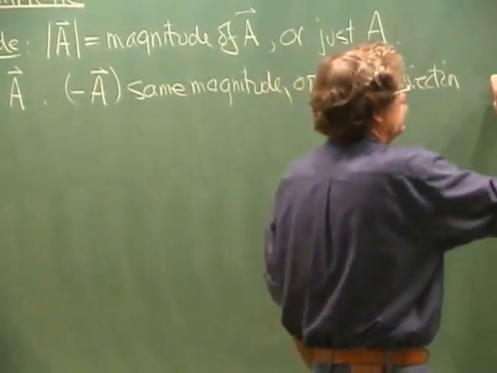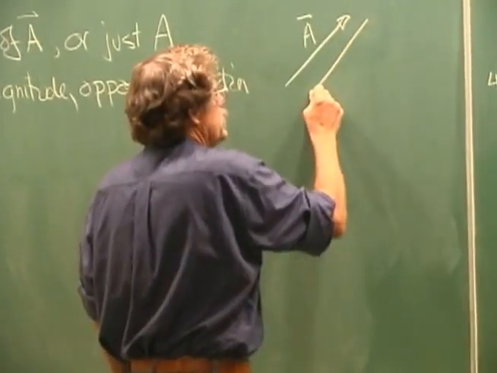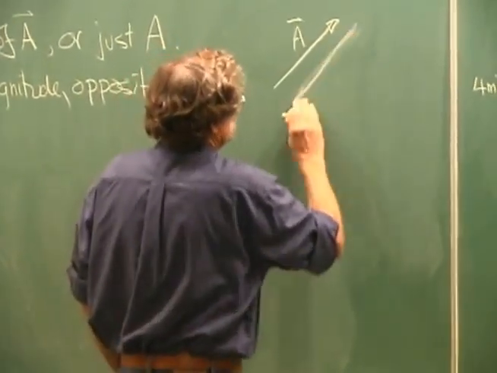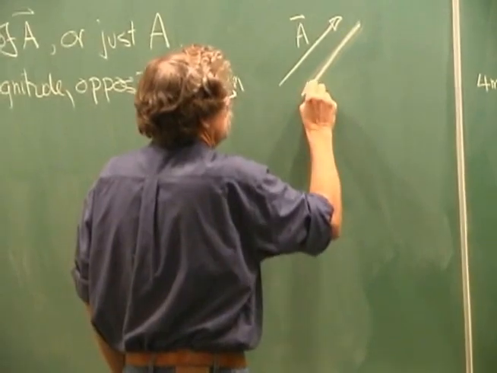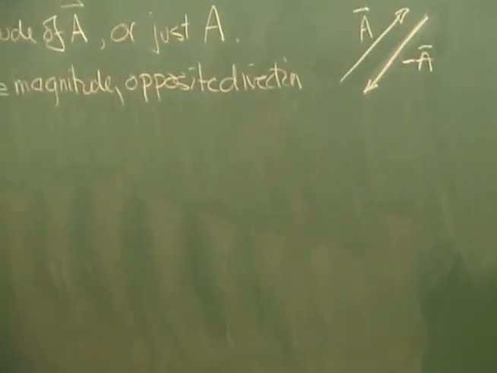I think that's natural. So if this is the vector A here, then the vector minus A, whoops. There's the vector minus A. Same length, opposite direction.